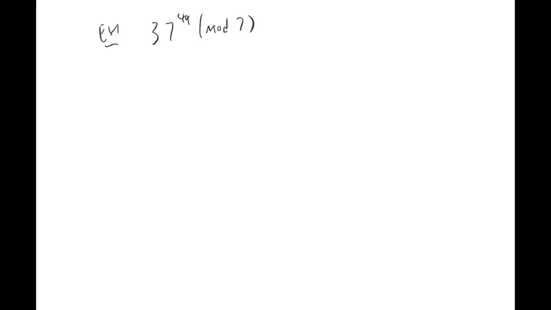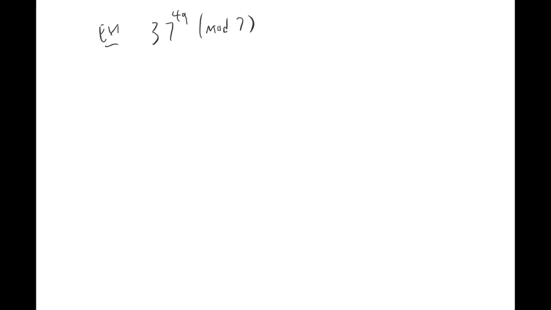I can always make this a number between 0 and 6. So 37 to the 49th power. Think of it like your friend's asking you to take 37 to the 49th power divided by 7. What is the remainder?